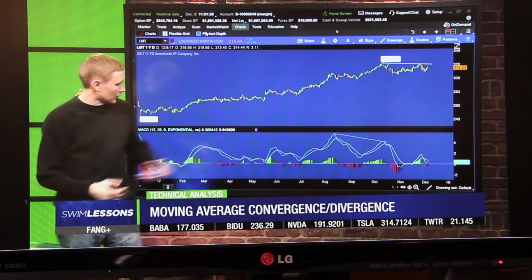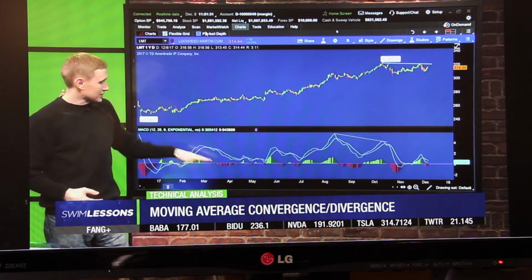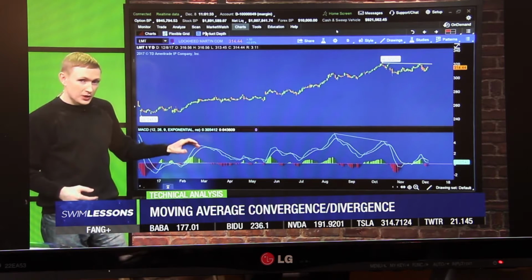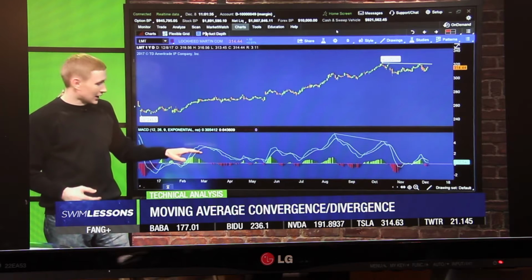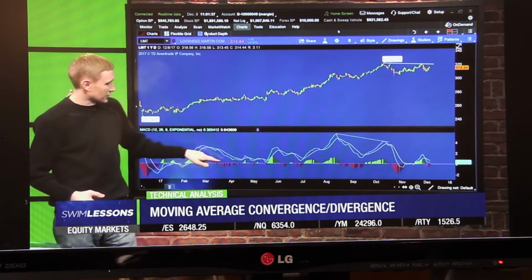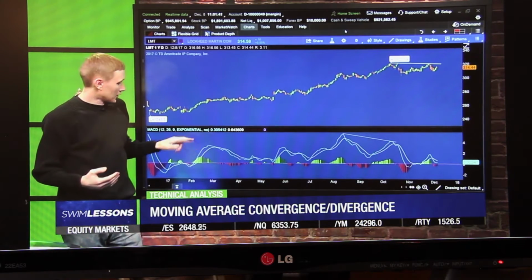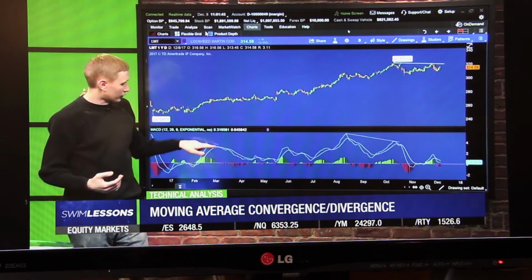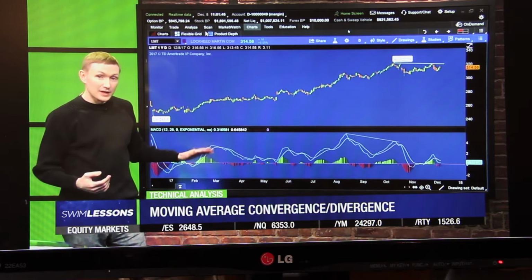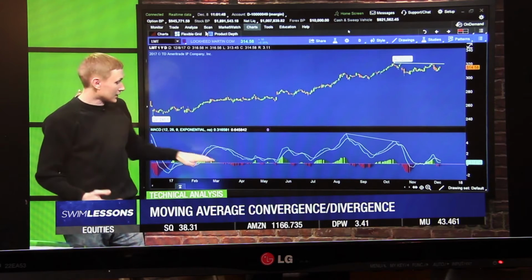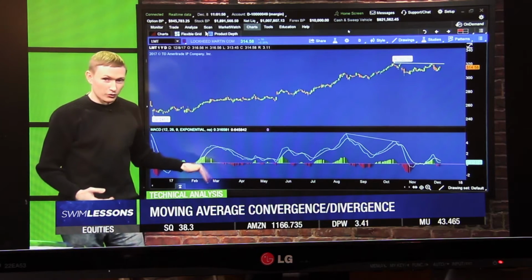It also plots a histogram, the difference between the MacD line and its signal line. Those trading signals a lot of times come up when we get a crossover of the MacD line and its signal line, and that is represented by the histogram crossing over 0.